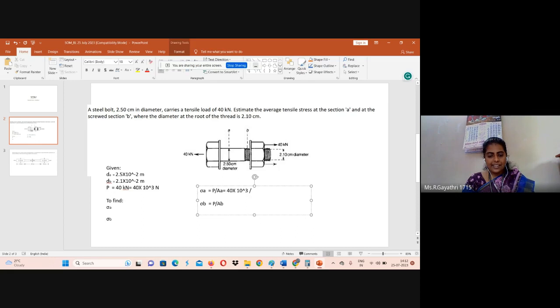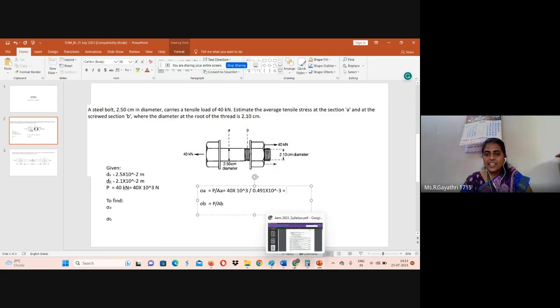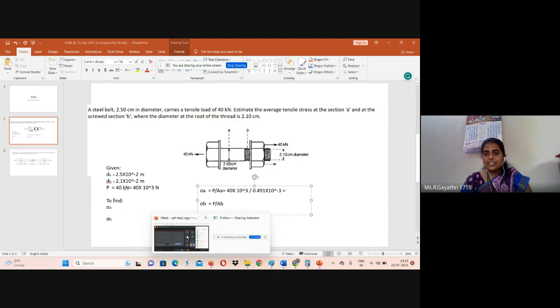Area at section A is 0.491 into 10 power minus 3. So what about stress at section A?